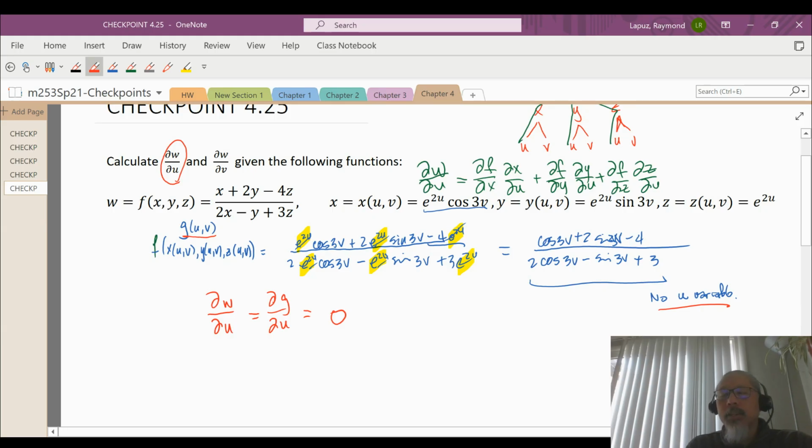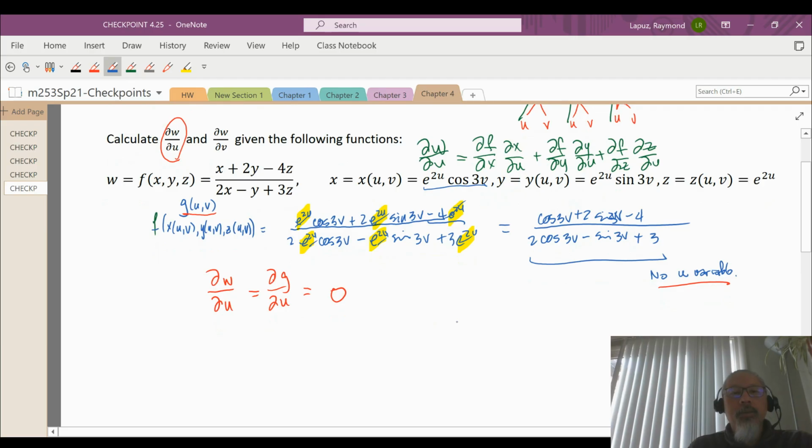Okay, that saved us a whole bunch of steps had we used the chain rule. But, you know, that's just what happens in this particular scenario. It could be different for other problems. It might not all be zero.